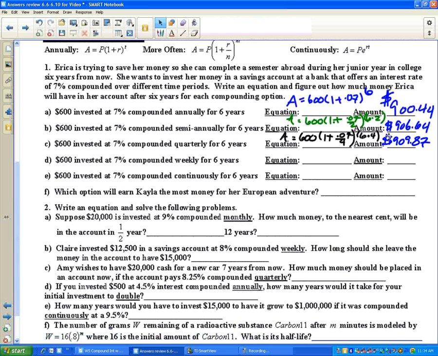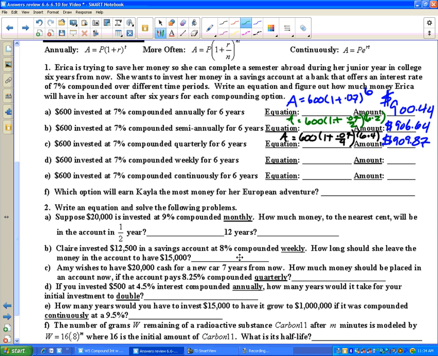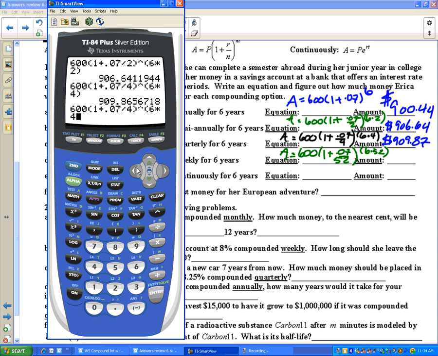Okay, now I want to do this weekly. So my equation is A is equal to my initial value, $600, times 1 plus 0.07 divided by weekly, which is 52, to the 6 times 52 power. So second, enter to bring up what I had last.